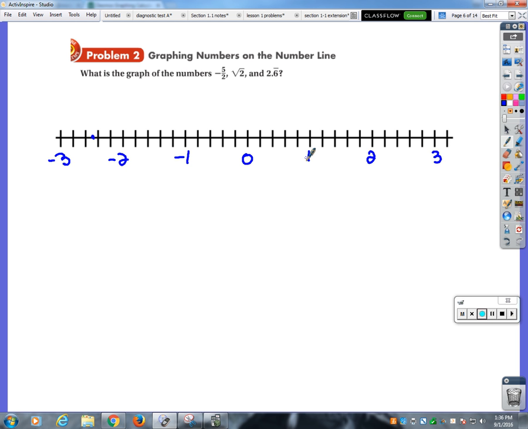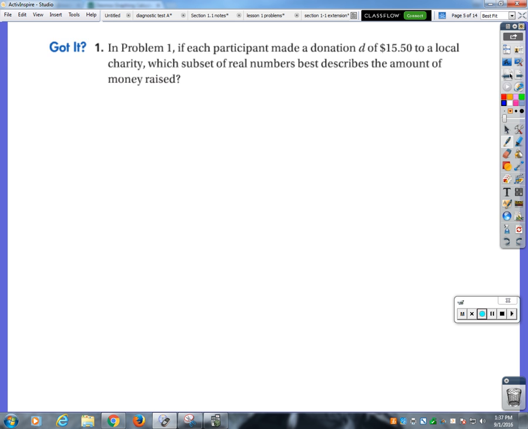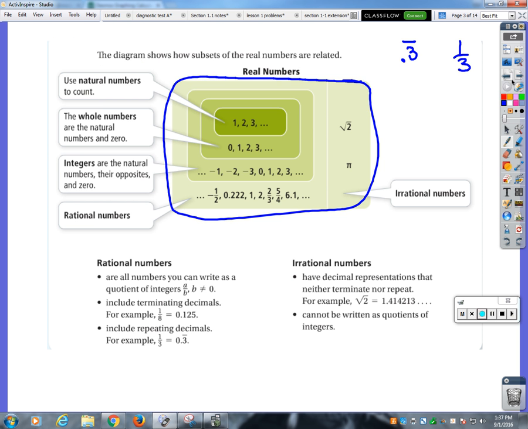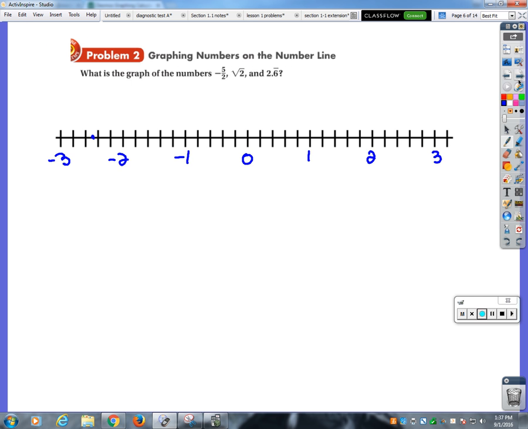Yes, because 1 times 1 is only 1, so that's not big enough. 2 times 2 is 4, so that's too big. So it's somewhere between here. The approximation is on the last slide: 1.414. So that's going to be right around here somewhere.